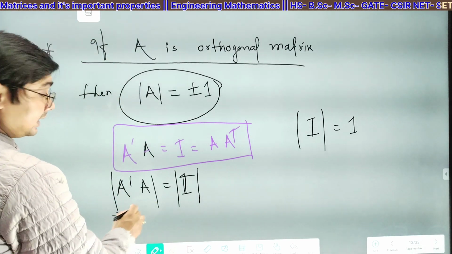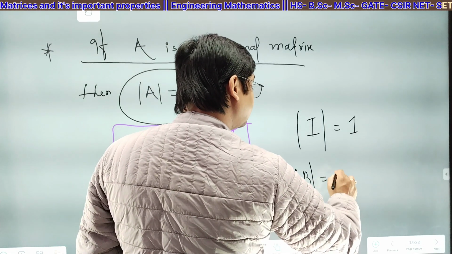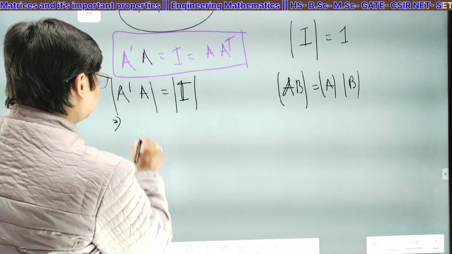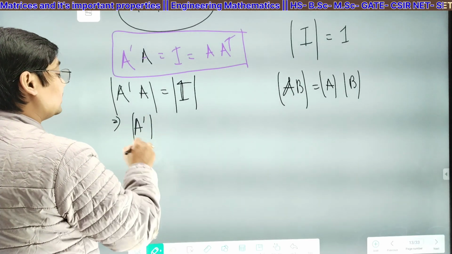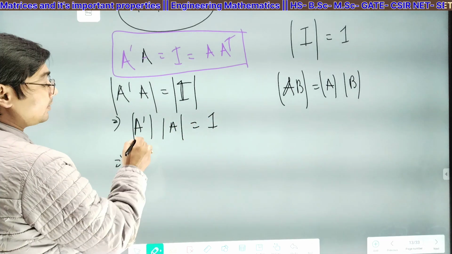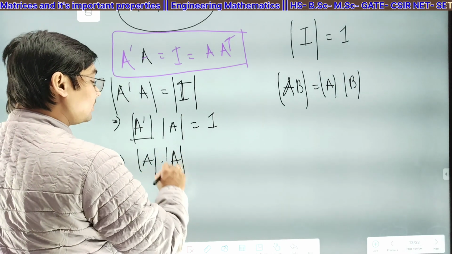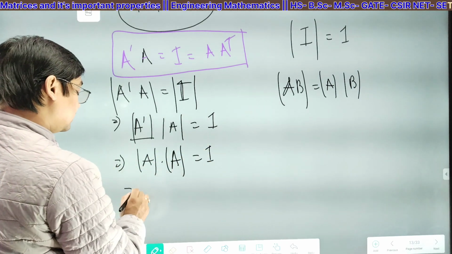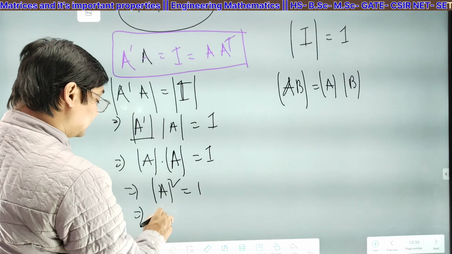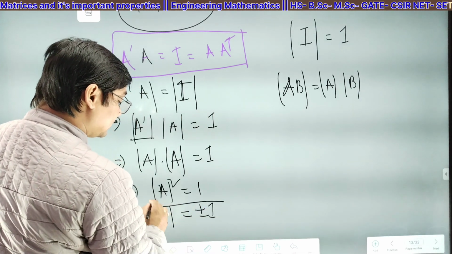Now we again have the property that the determinant of AB is the determinant of A times the determinant of B. Using this property, the determinant of A transpose times the determinant of A equals 1. The determinant of A transpose is the determinant of A, so the determinant of A squared will be 1, and that means the determinant of A will be plus or minus 1.